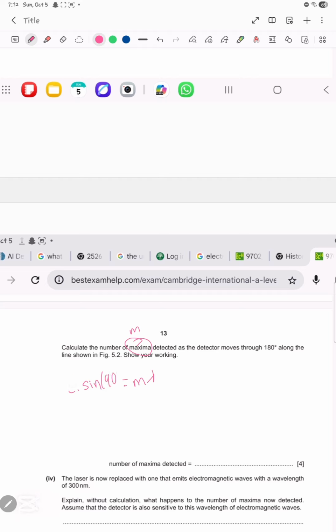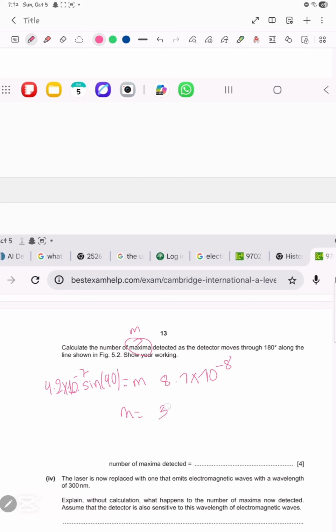So 4.2 times 10 to the power of minus 7 times sine 90 is equal to m times 8.1 times 10 to the power of minus 8. So m is equal to 4.2 times 10 to the power of minus 7 times sine 90 over 8.1 times 10 to the power of minus 8.